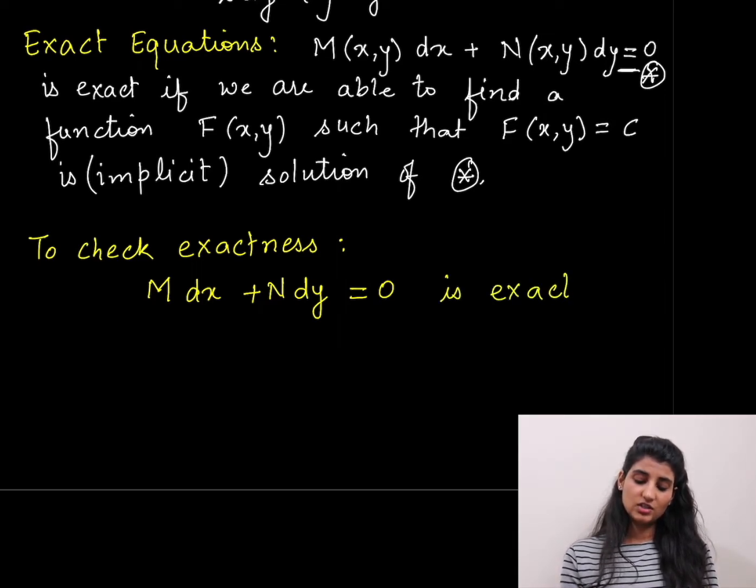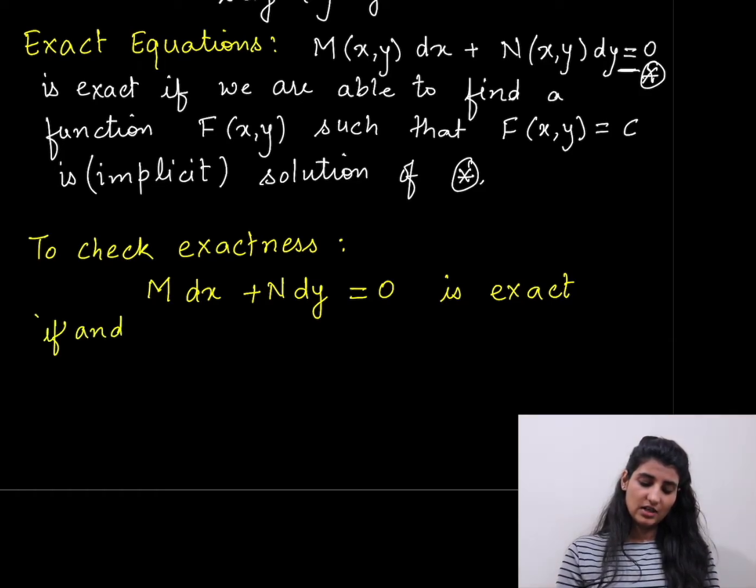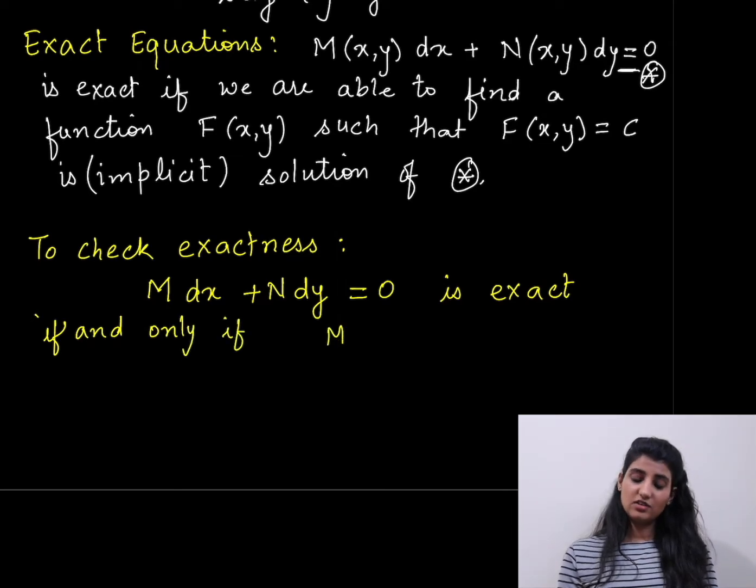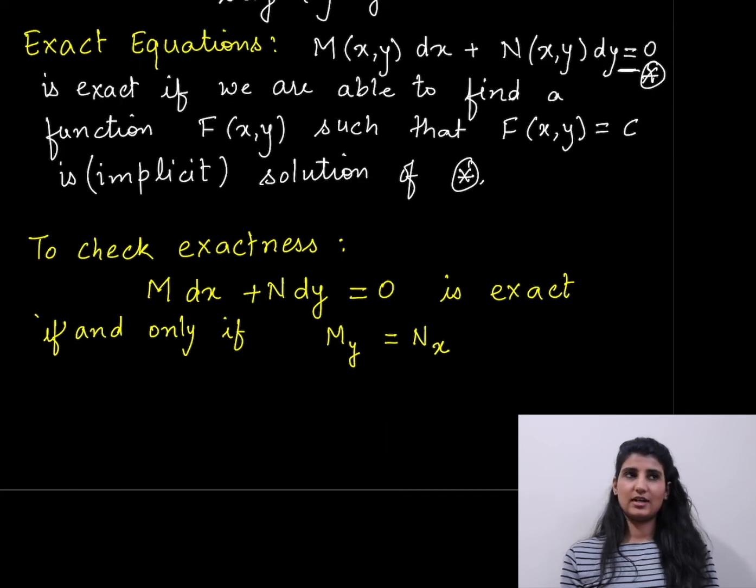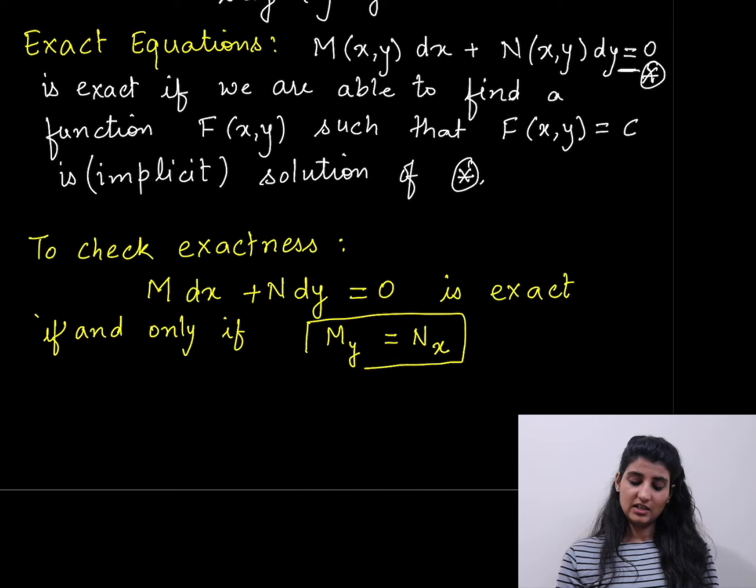Then this equation is exact if and only if the derivative of M with respect to y is the same as the derivative of N with respect to x. M is the coefficient of dx and we are taking the derivative with respect to y. N is the coefficient of dy and we are taking the derivative with respect to x. If these two partial derivatives coincide, we will be sure that the equation is exact.